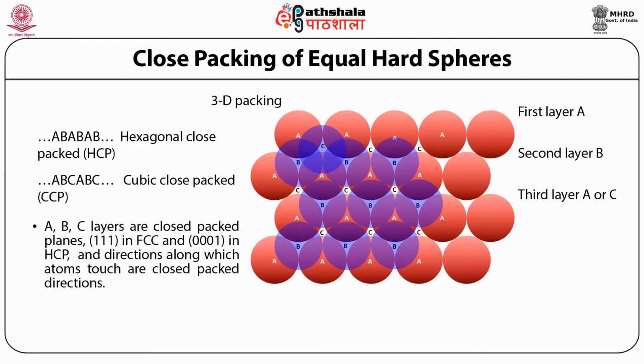Here, A, B, C layers are close-packed planes, where the 111 plane in FCC and the 0001 plane in HCP, and the directions along which atoms touch are close-packed directions.